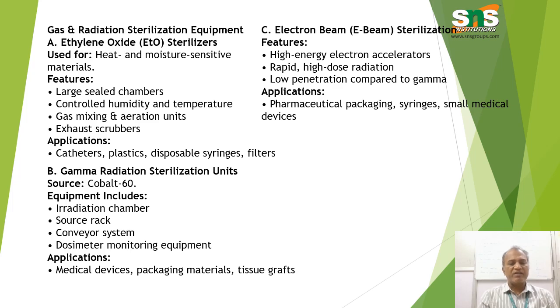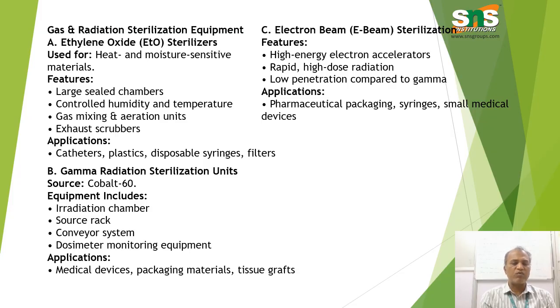Next, the very important gas and radiation sterilization equipment. For gas, the example is ethylene oxide sterilizers. They are used for heat and moisture sensitive materials. The features are a gas mixing and aeration unit, exhaust scrubbers, and controlled humidity and temperature.